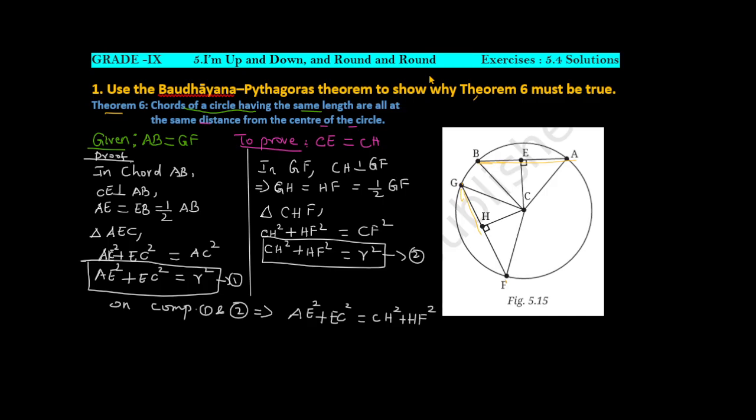Here we have to prove CE is equal to CH. Now what about AE and HF? Our AE is equal to half of AB. At the same time, our HF is equal to half of GF.